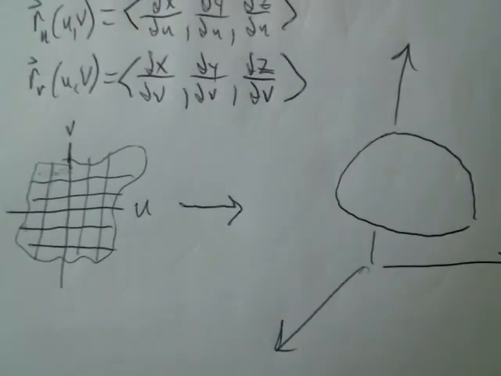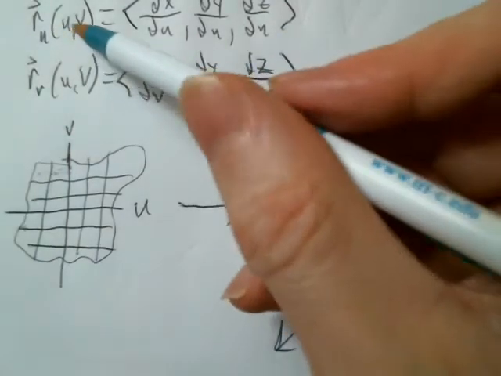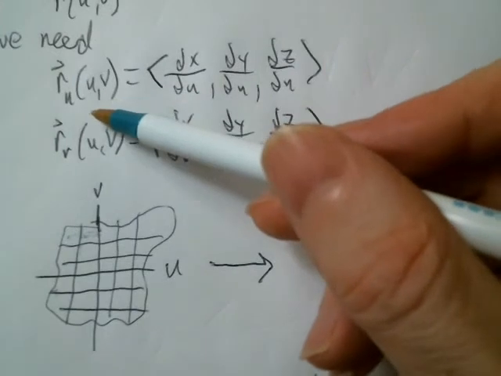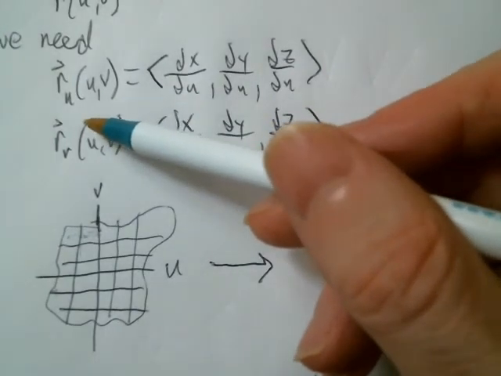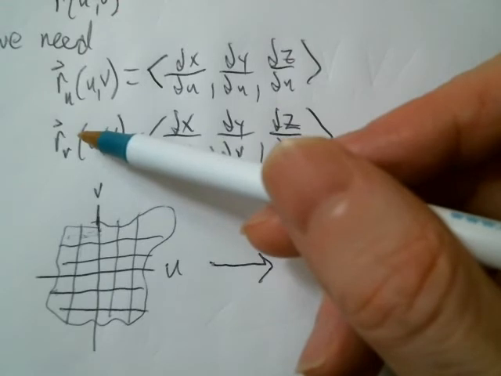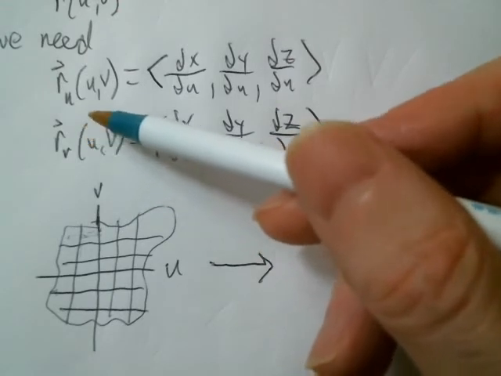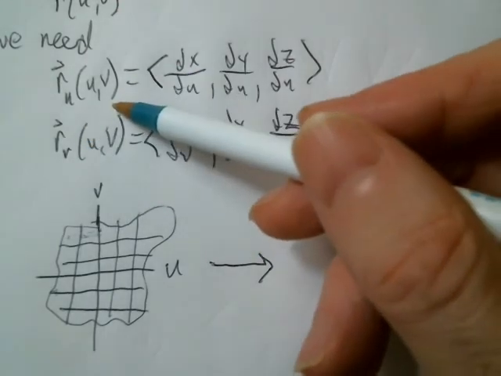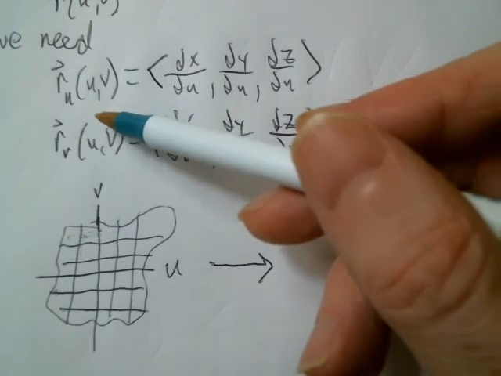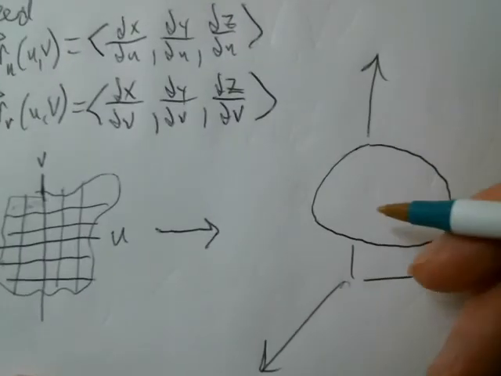And so what does it mean to have a partial derivative in the direction of u? That means I've held one variable constant. I've held the v variable constant, and I'm letting u vary.